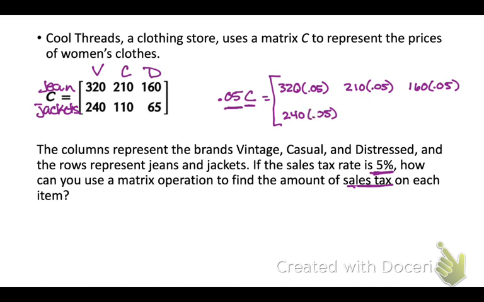And 110 times what? 0.05. Do you see how I'm leaving spaces between the elements so you can clearly see? And then 65 times 0.05. See that?